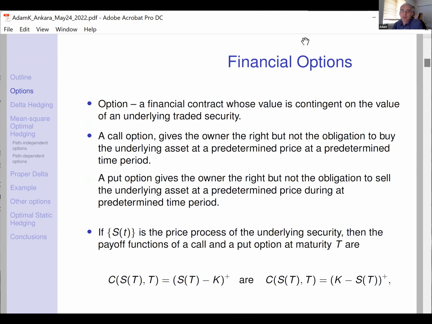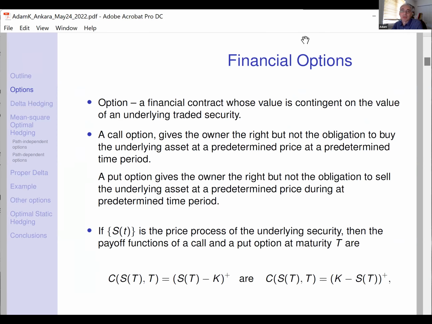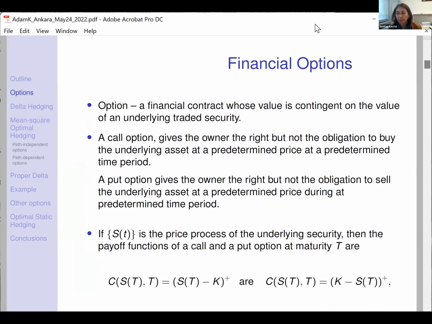Very briefly, what options are about. We are going to talk about financial options, which are financial contracts whose value is contingent on the value of another underlying traded security. For the purpose of this talk, we are assuming that the underlying security is traded. For example, this could be the S&P 500 index. More generally, options are applied in situations where the underlying is not necessarily a traded security.